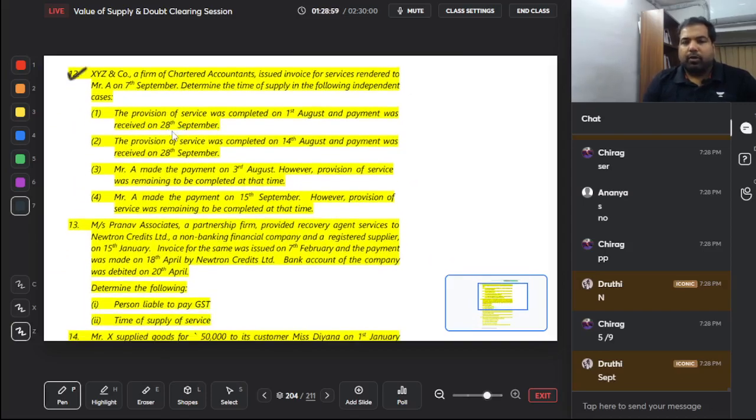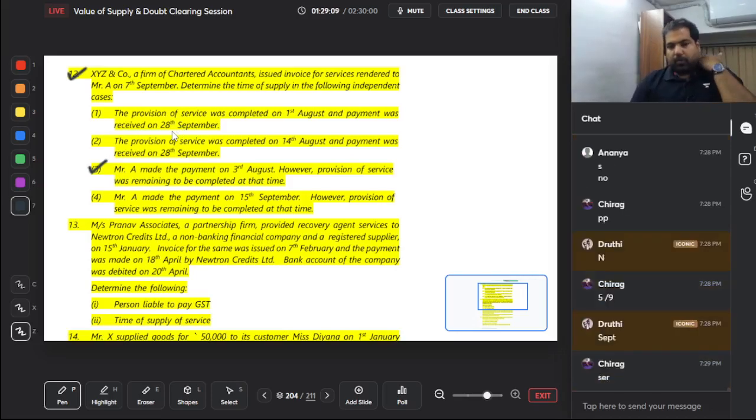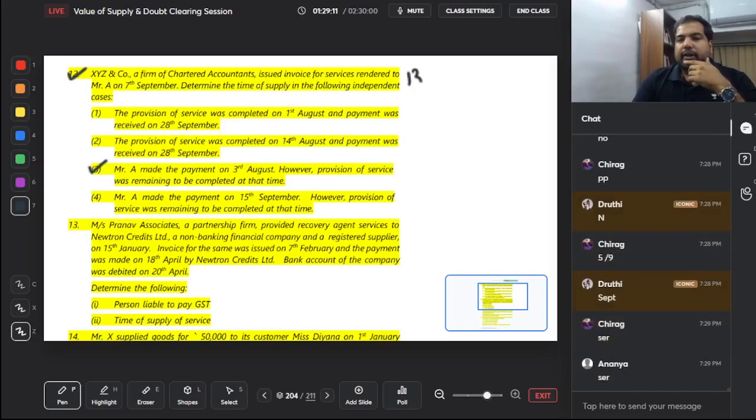Twelfth one, we will skip, we will only do the third one. Please read. Please tell me goods or services. Service, section 13(2). IP or PP. As services were rendered on 7 September.